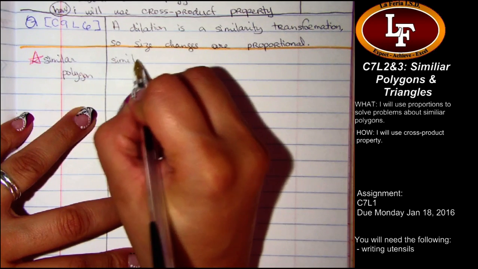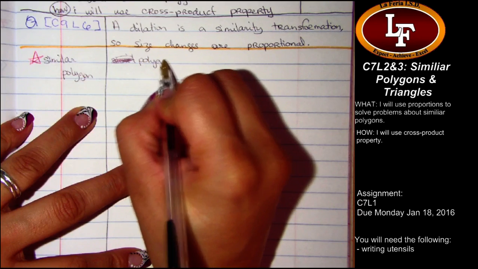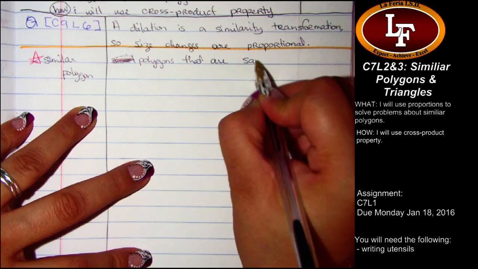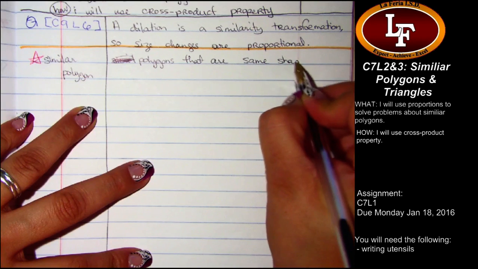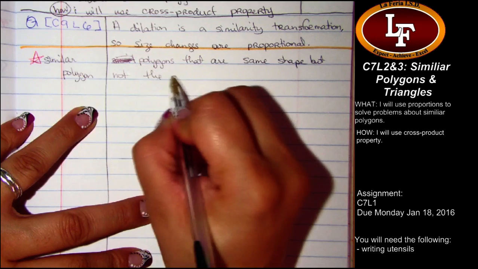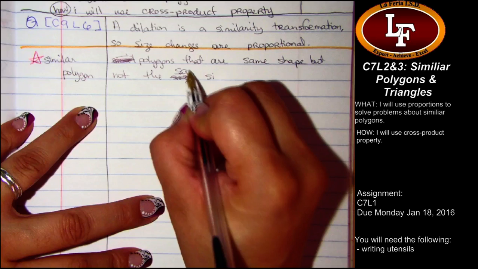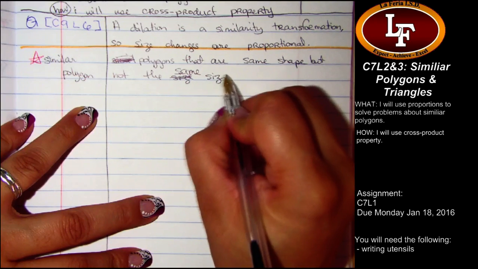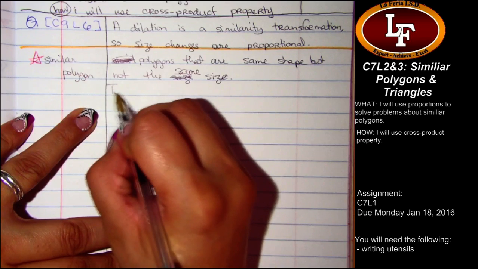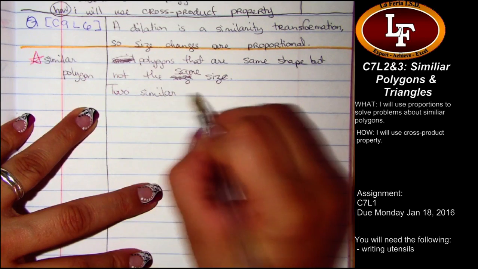Similar polygons are polygons that are the same shape but not the same size. In order for two polygons to be similar, they must share the following items.